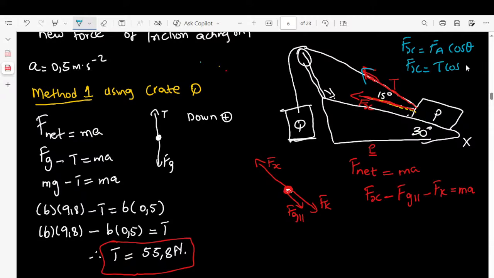So this will be T cos 15 degrees. Here we substitute tension cos 15 degrees, we minus Fg parallel. Unfortunately, we don't have space, I'm just going to write it here. Fg parallel is equal to mg cos of theta. Remember, we are on P, and the mass of P was 8 into 9.8. Guys, space. Let's rewrite this now.